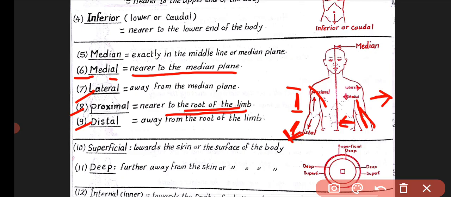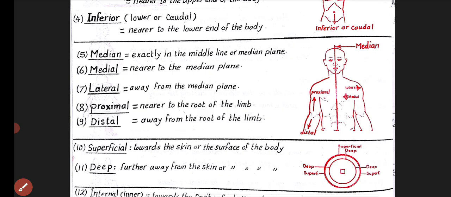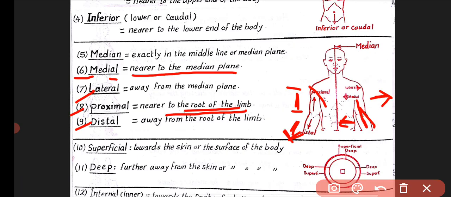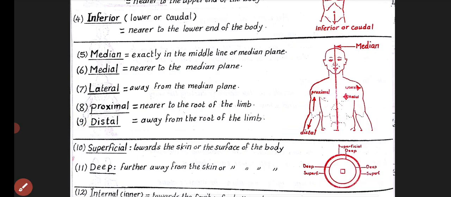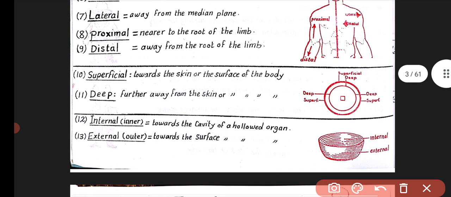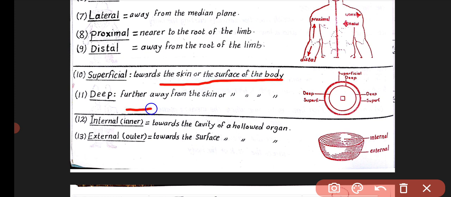And superficial and deep. Superficial is towards the skin or the surface of the body, and deep is further away from the skin or the surface of the body.